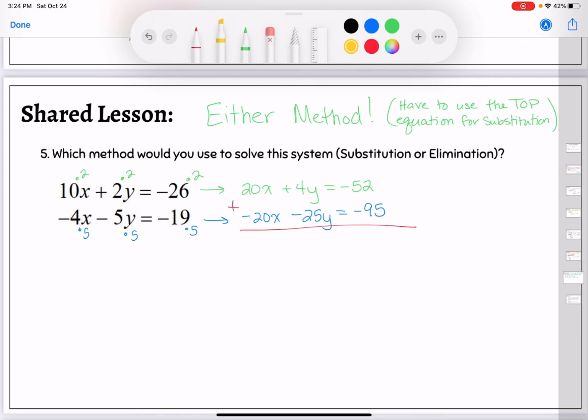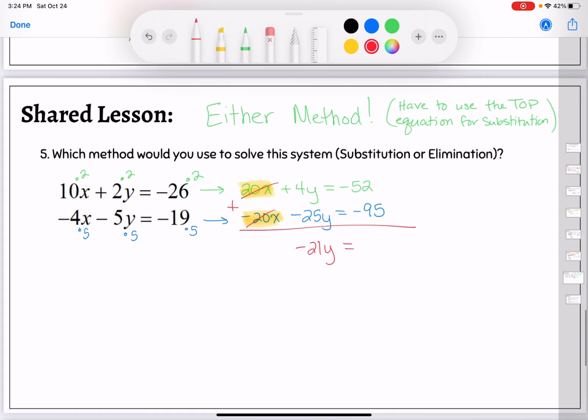My opposites are these guys right here. Ready to roll. 20x minus 20x cancels out. 4y, negative 25y, I get negative 21y. And now let's see, negative 52 plus negative 95. I get negative 147.